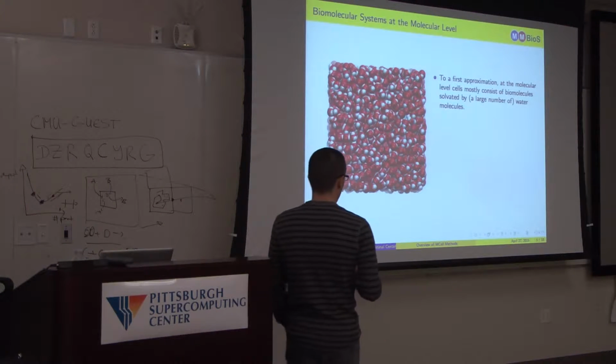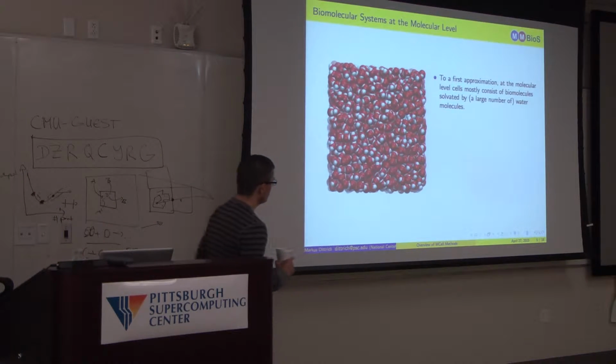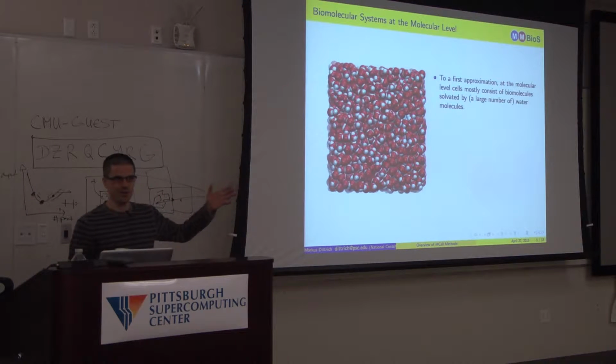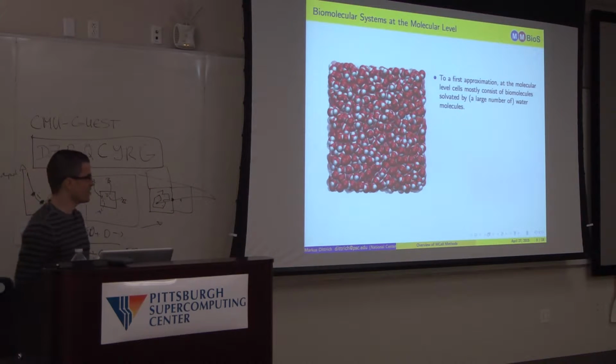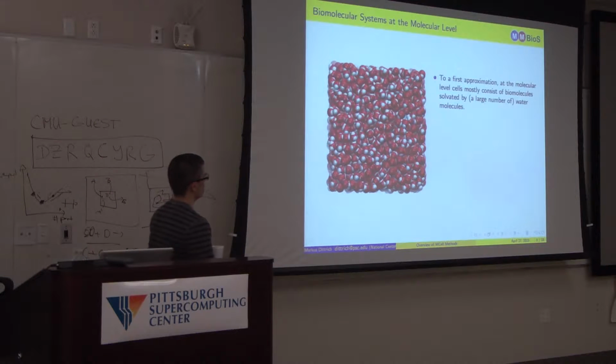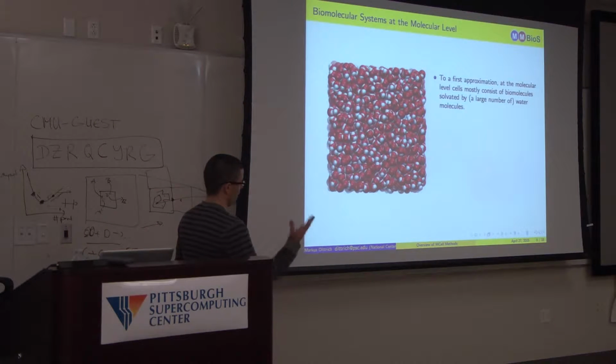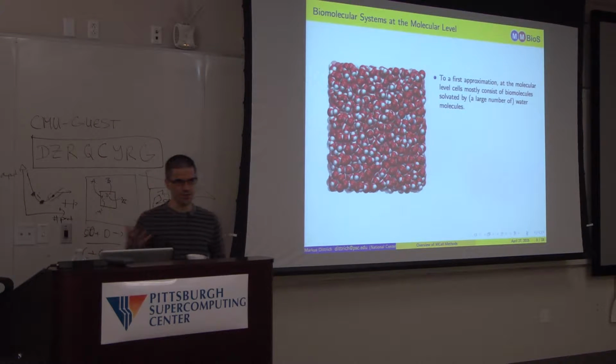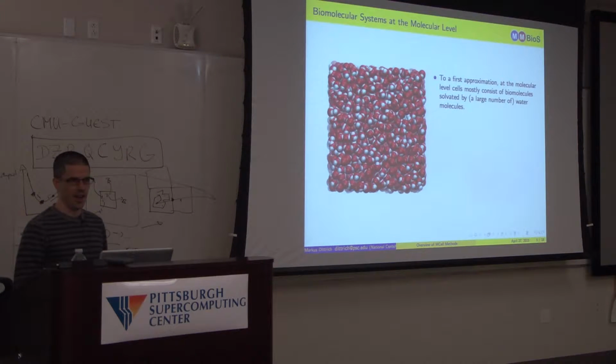There's a lot of water molecules in living tissue, and this is just a box of water molecules. It's fairly small. I think it's 30 angstroms by 30 angstroms, if I'm not mistaken, maybe 900 water molecules, but it just shows you how really densely packed the system is.